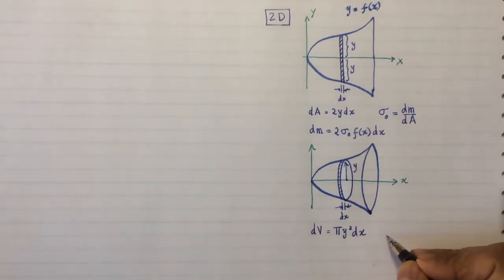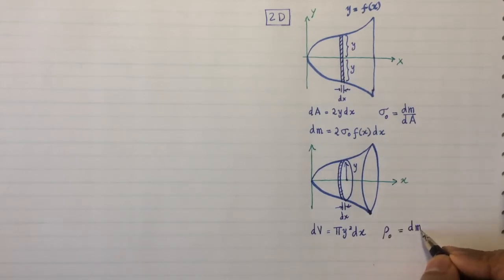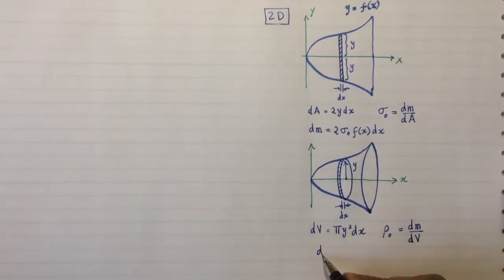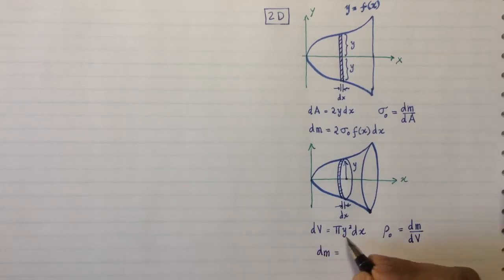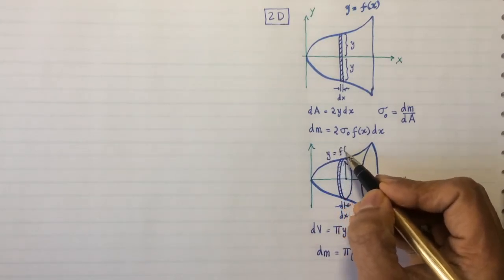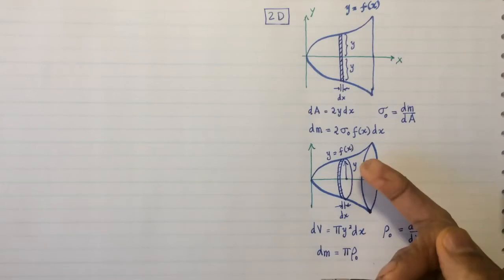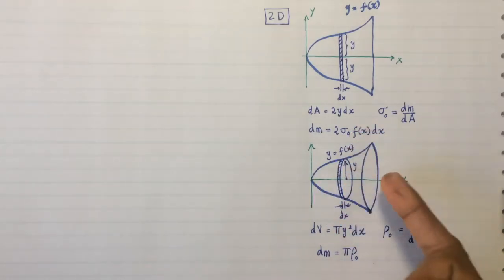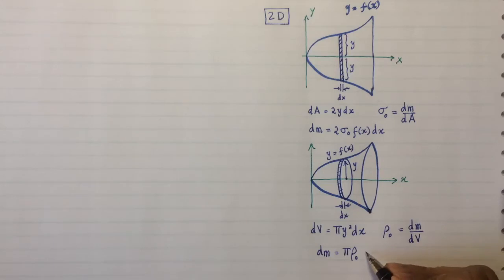And the appropriate density to use in case of volumes is rho naught, defined as dm over dV. So from this I can get my mass element dm, it's rho naught times dV, so that's pi rho naught y squared, and I'm going to assume that y is again some function of x. So that's a function of x, and that's rotated to get this bell-shaped figure. So that's f squared of x dx.